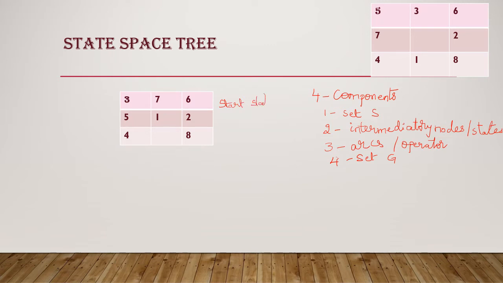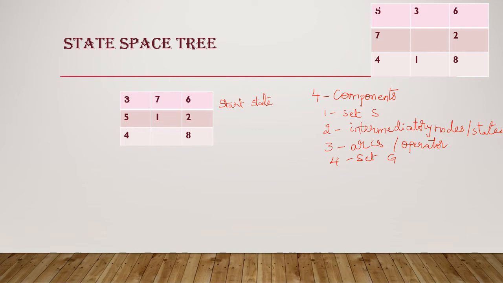Each state we are indicating as a node. Now if you take this one into consideration, what are the various operators possible? Here is my empty slot. Either I can move this upper tile into this empty slot, or this left tile, or this right tile into this empty slot. So there are totally 3 possible moves.